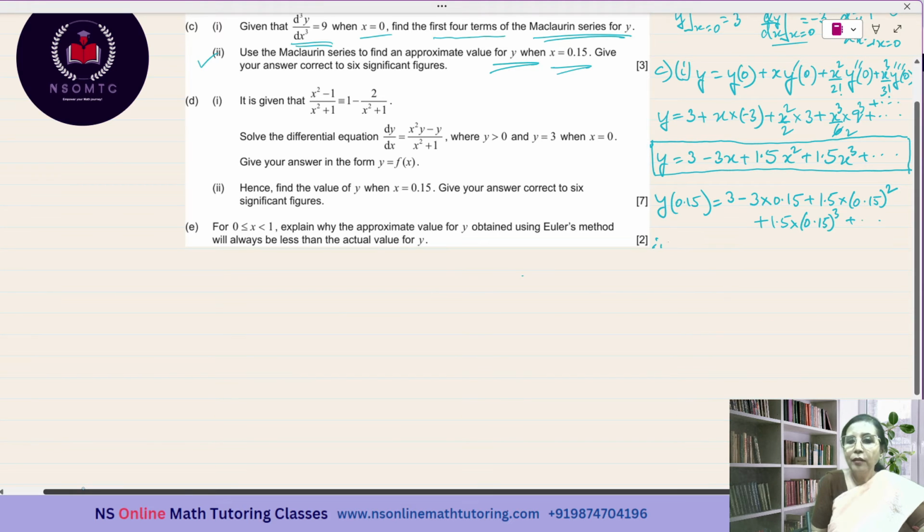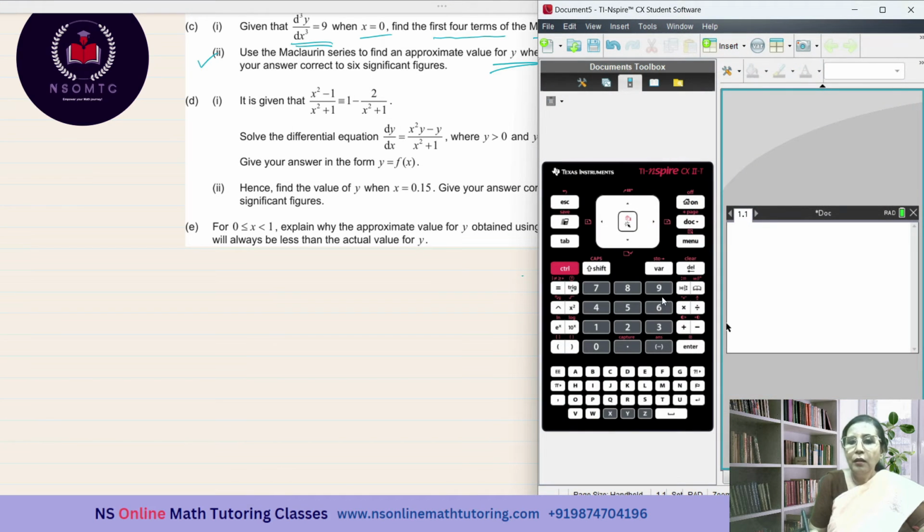Therefore, y of 0.15 equal to 3 minus 3 times 0.15 plus 1.5 times 0.15 square plus 1.5 times 0.15 to the power of 3.